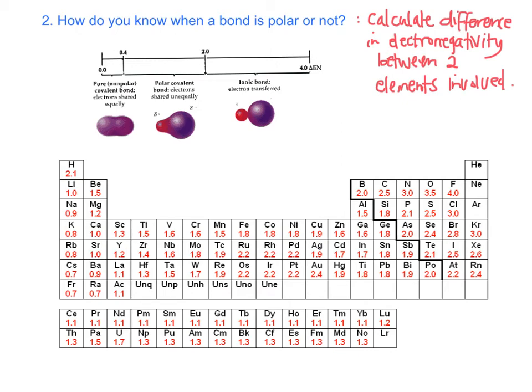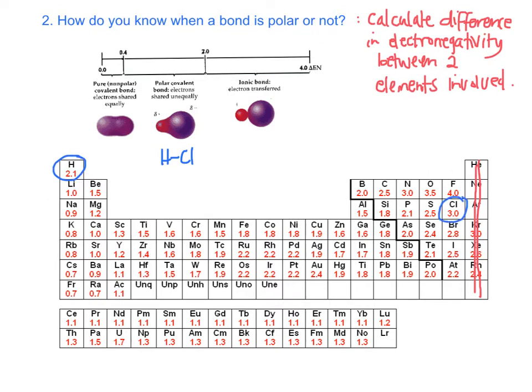Ignore the noble gases, because for our purposes, noble gases have zero electronegativity. For a hydrogen-chlorine bond, for example, how did I know that it is for sure a polar bond? Well, I can look at the electronegativity of hydrogen and chlorine and I can subtract.